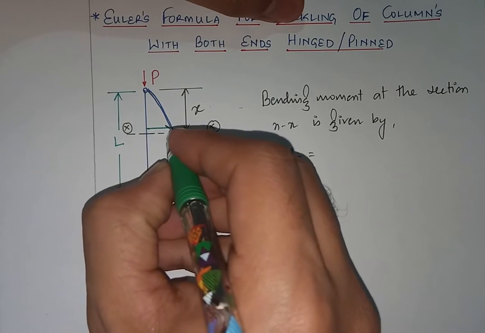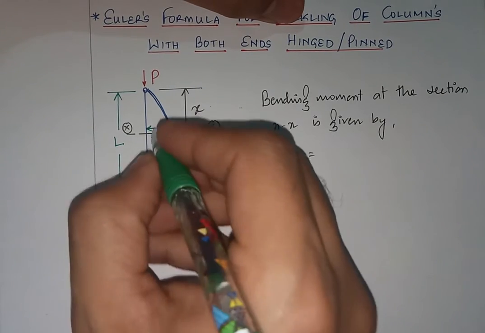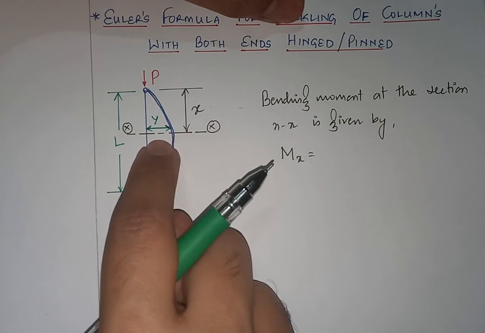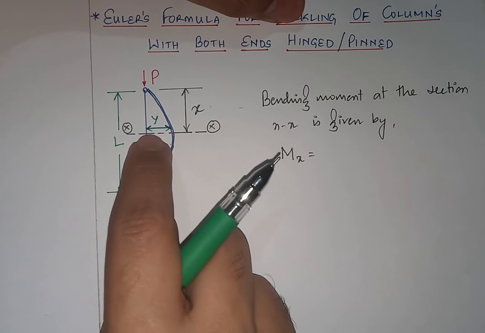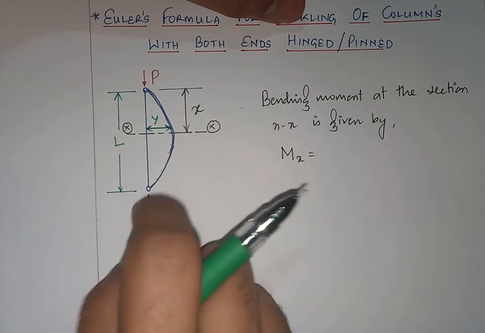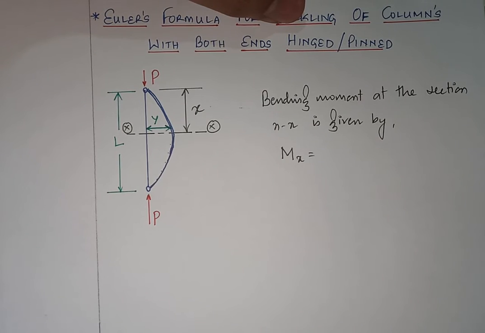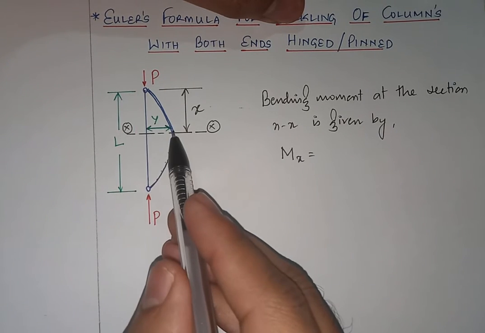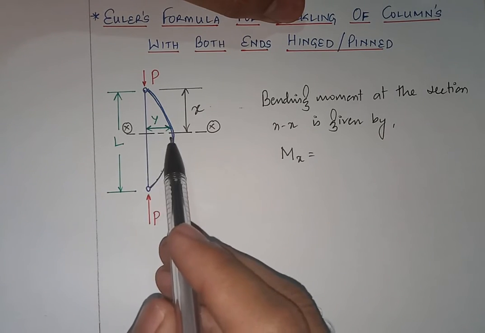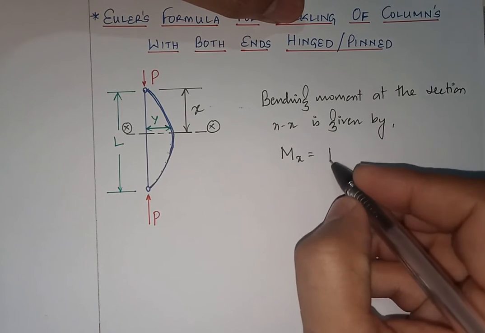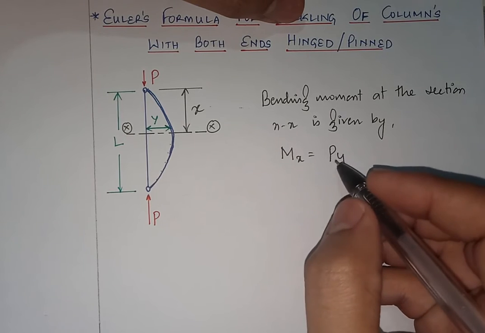This is the deflection at section XX. The beam was initially straight, then it has bent, so the deviation or deflection at this point is Y. The bending moment is force into perpendicular distance. So this is section XX, force is P, perpendicular distance is Y. So it is P into Y.